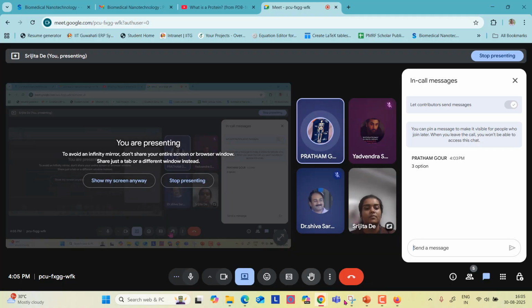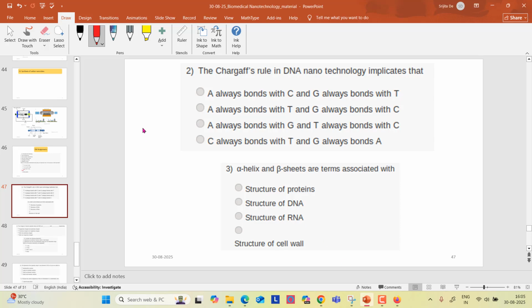A to T and G to C. Yes, it is always A, T, and G, C.